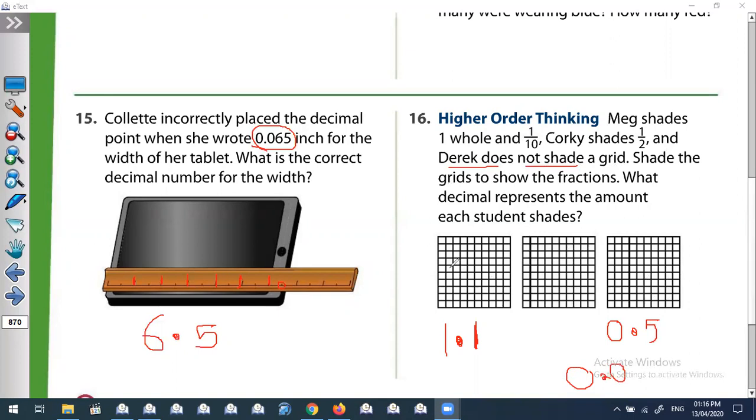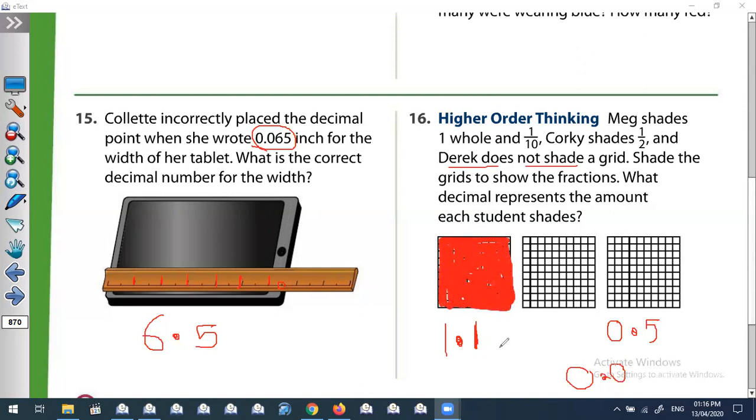How can we shade 1.1? You have to color this shape all because it's 1, like that. I'm going to color the whole figure because we have 1. You have to shade it all.